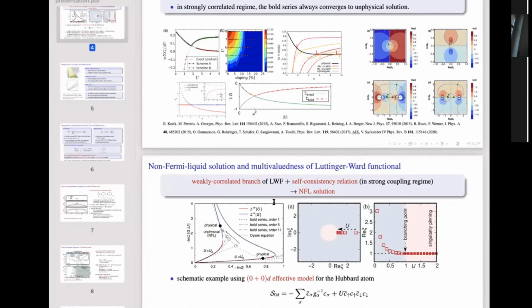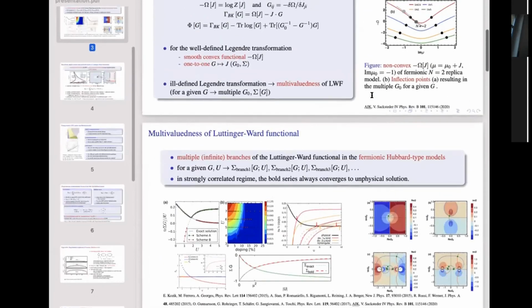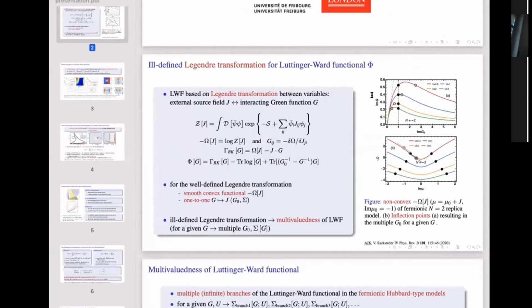Mm-hmm. And you implicitly talked about this one-to-one relation between G and G0, right? So implicitly you have this relation that you give a G0 to a G, and this G0 that corresponds to a G, somewhere you must run out of the domain, right? Yes. So the inflection point divides the domain of the functional.